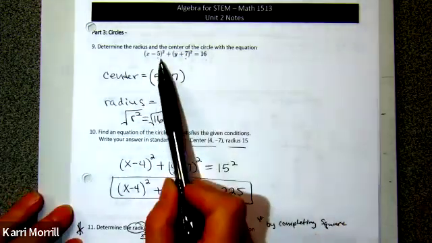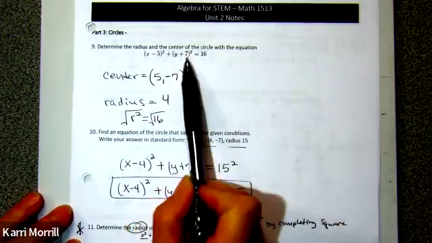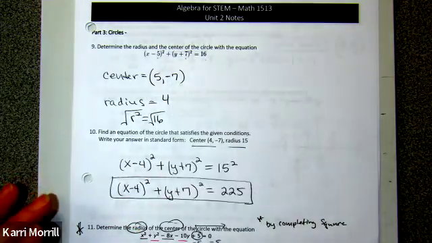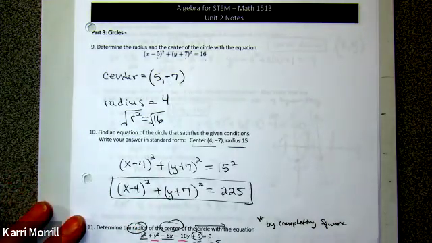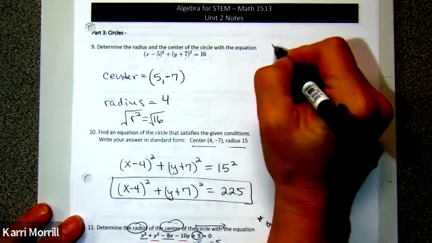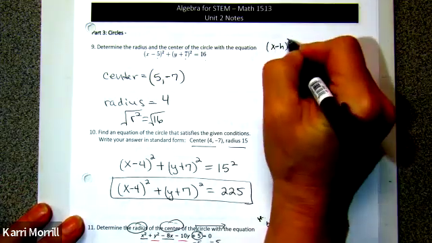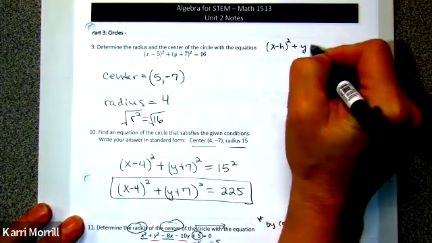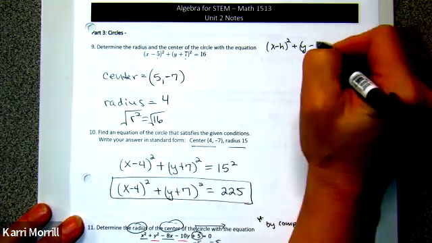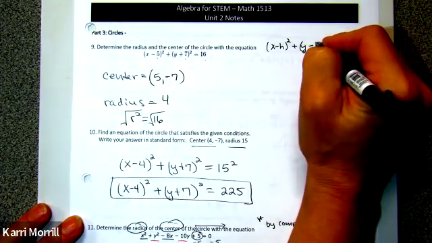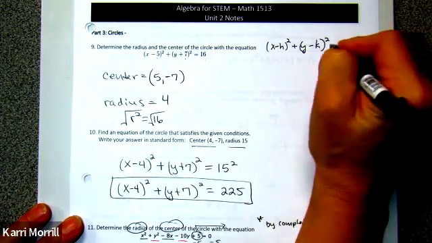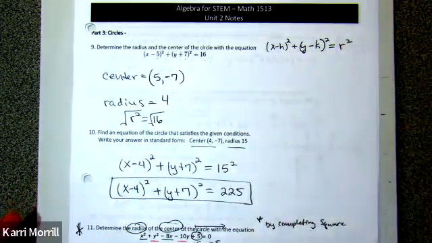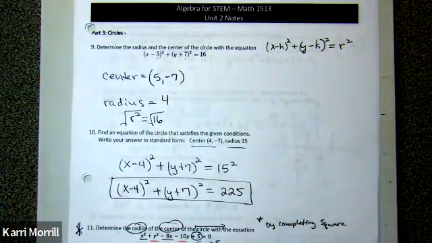Number 1, we learned how to pull out the center by taking the opposite signs. Because remember that the standard form equation of a circle is (x minus h) squared plus (y minus k) squared equals radius squared, right? That's going to be given to you with your formula sheet.